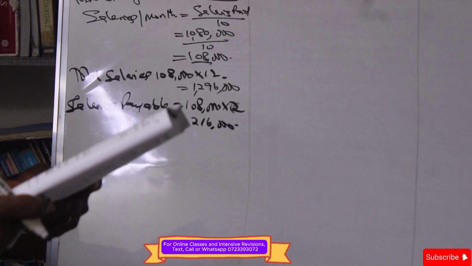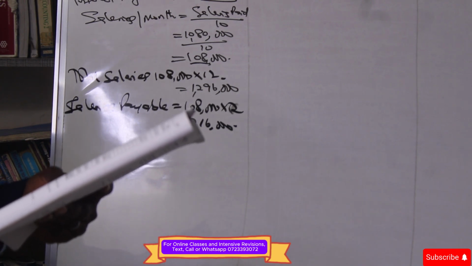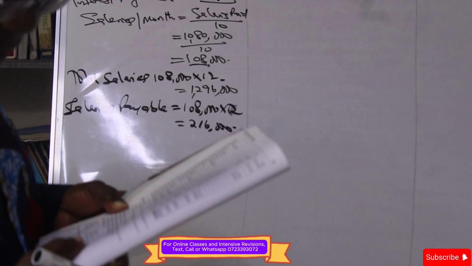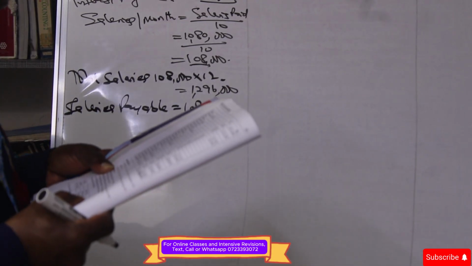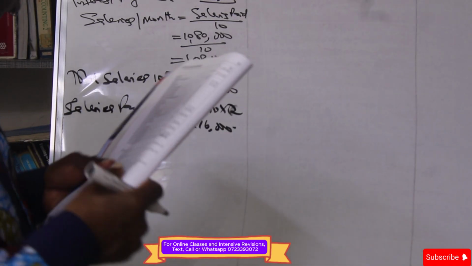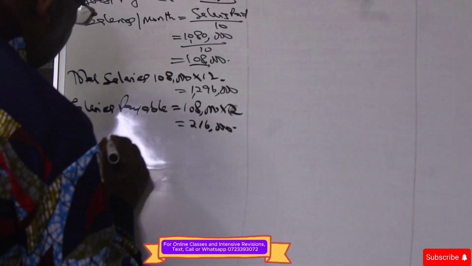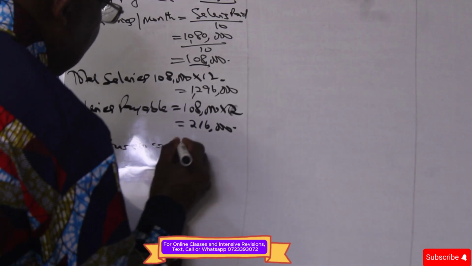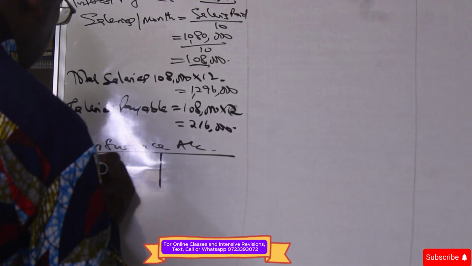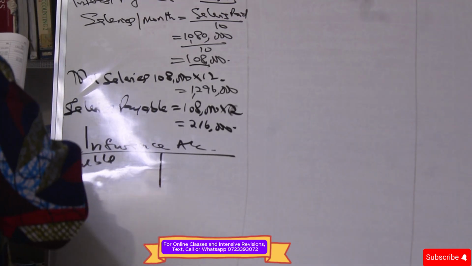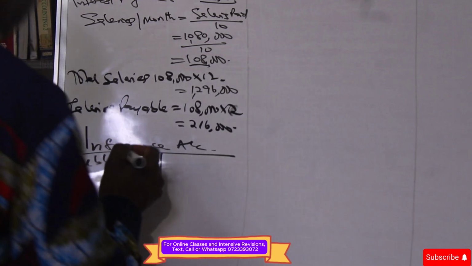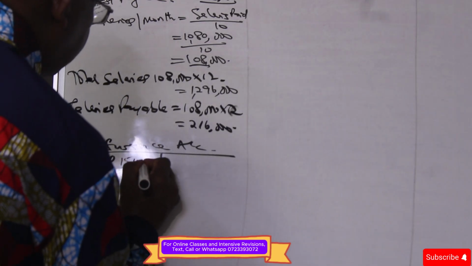Number 2, we are told that as at 31st March 2018, which is the end of the year, 2,000 had been prepaid on insurance. If we get our insurance balance from the trial balance, the insurance expense account balance brought down is 154,000.